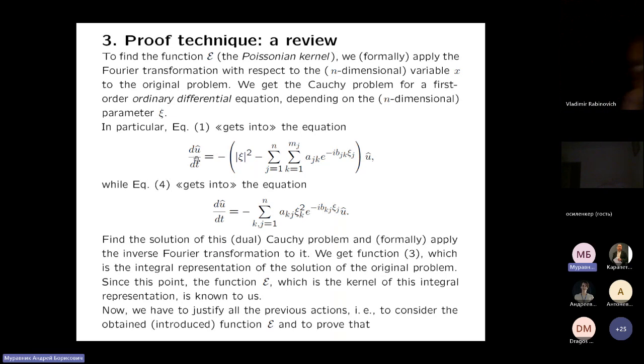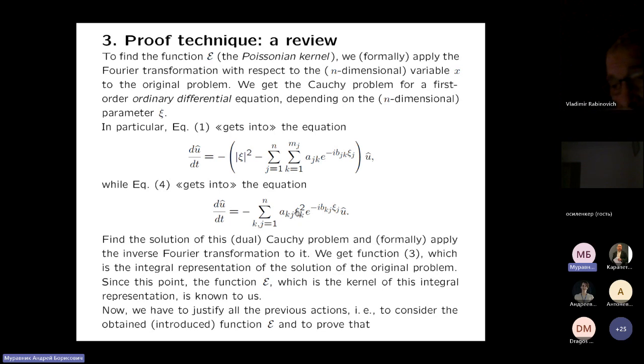What do I get? We had a partial differential difference equation. Now we obtain an ordinary differential equation, and we get a Cauchy problem for it. This is a first order ordinary equation, and its coefficients are constants.